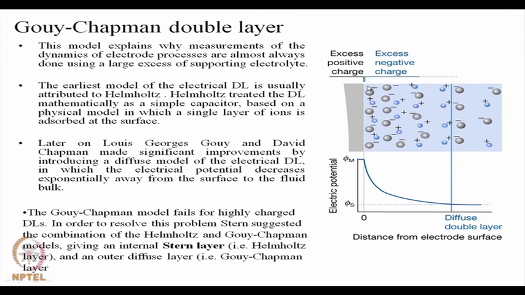Here the double layer is compact, but here the double layer is diffused.